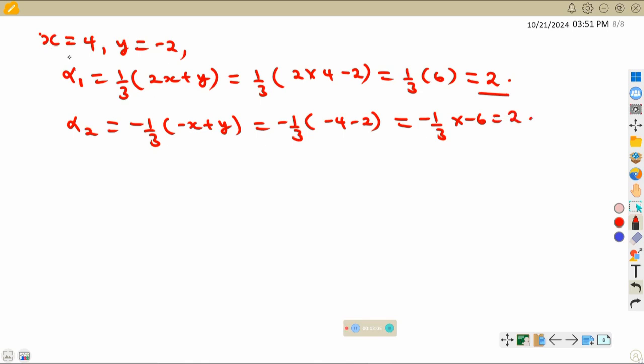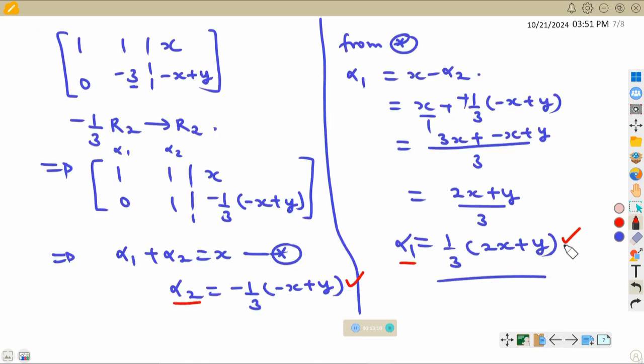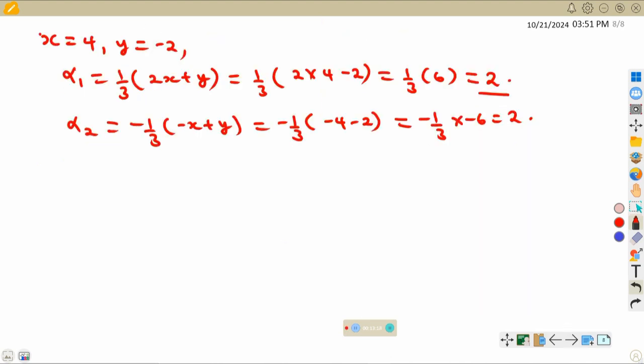So it is very clear that for any values of x and y, you will be able to get alpha 2 and alpha 1. For our case, we have taken x equal to 4, but someone can take any other values. But remember x and y represent v.